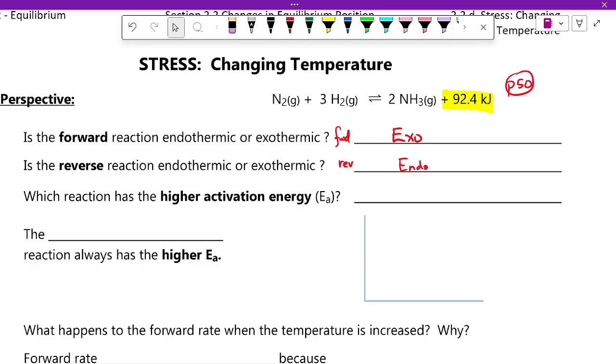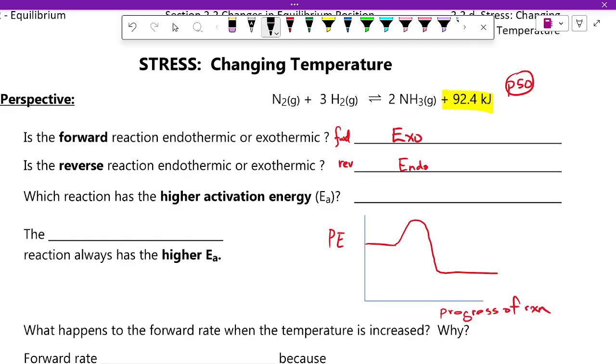Well, what I'd like you to do is graph the reaction and then look at it from the forward direction, look at it from the reverse direction, and then decide which has the higher activation energy. So who has the higher activation energy?